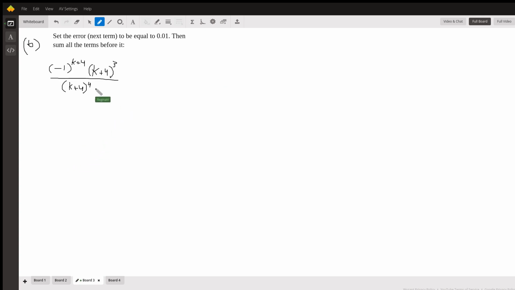Almost forgot that. All right, set this equal to 0.01. The goal here is to solve for k.